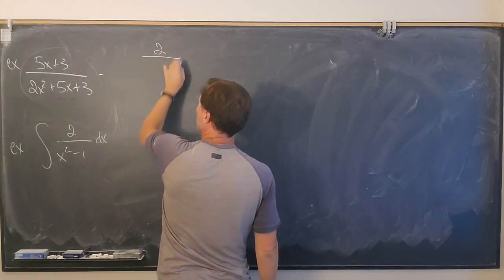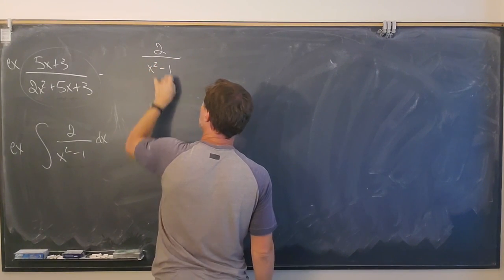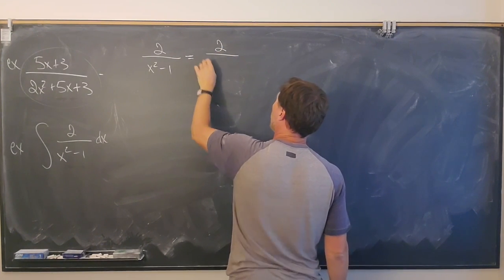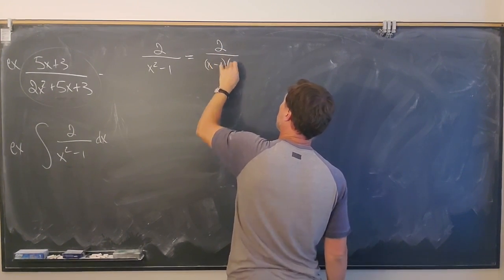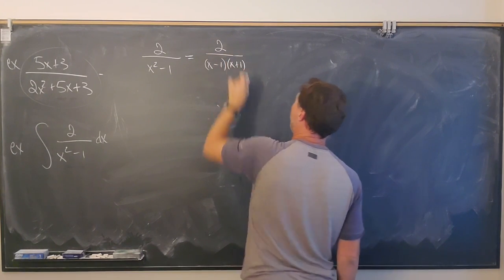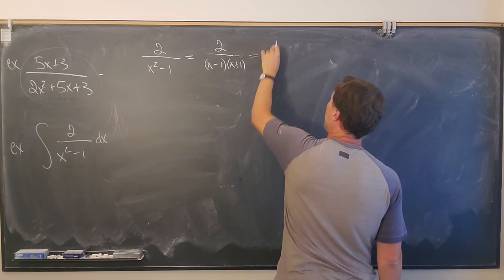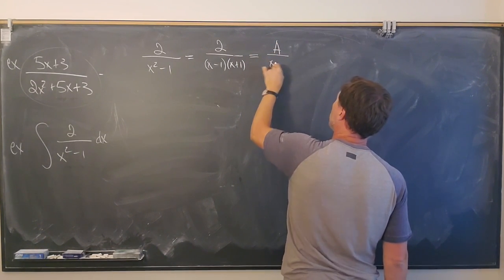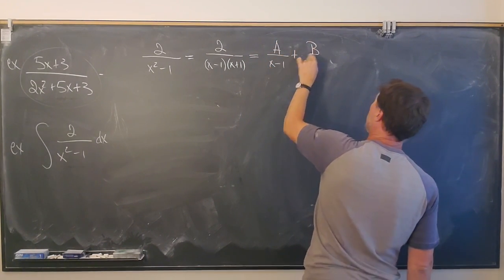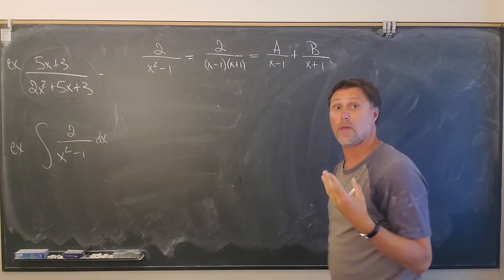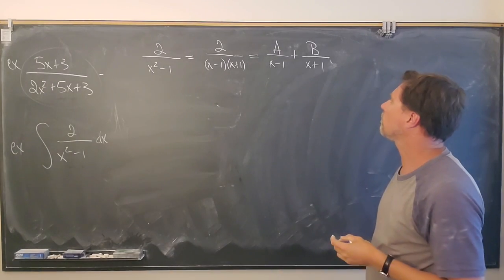So factor the denominator. That's 2 over (x minus 1)(x plus 1). And we know that has to equal a over x minus 1 plus b over x plus 1. Right, so now our job is to figure out who the a and the b are that make this work.